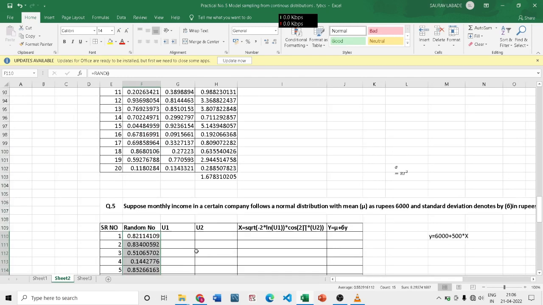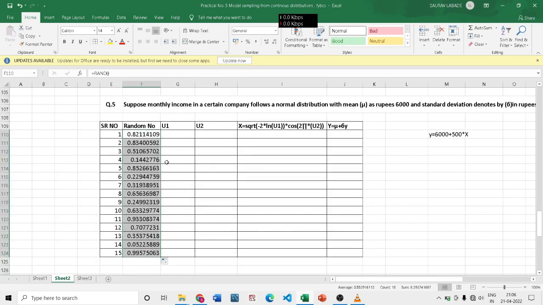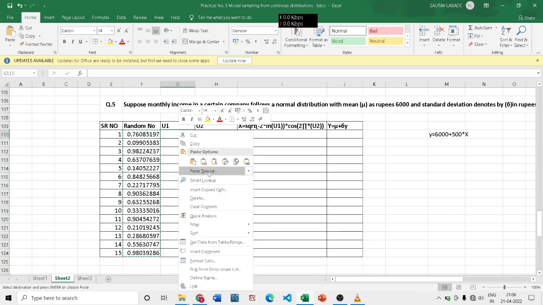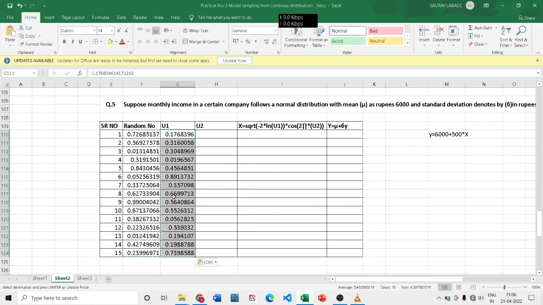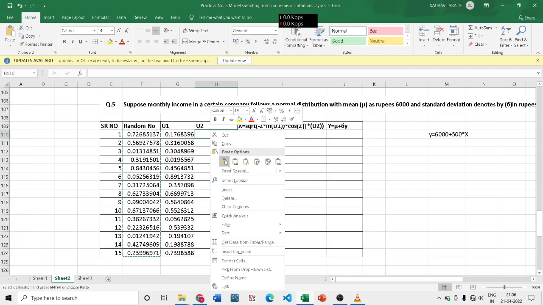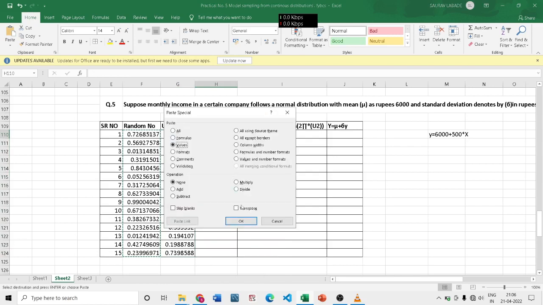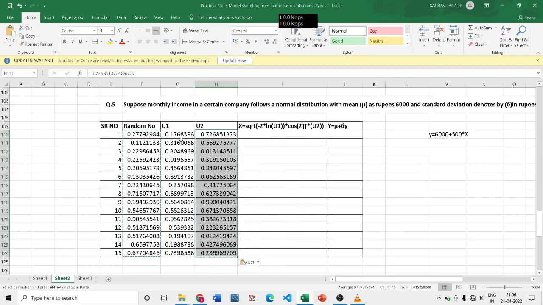Now for finding u1, copy this, and as we did in the previous examples, go to Paste Special, Values, and you will get all these. Now here also, go to Paste Special, Values. Now you will get some different fixed random numbers.